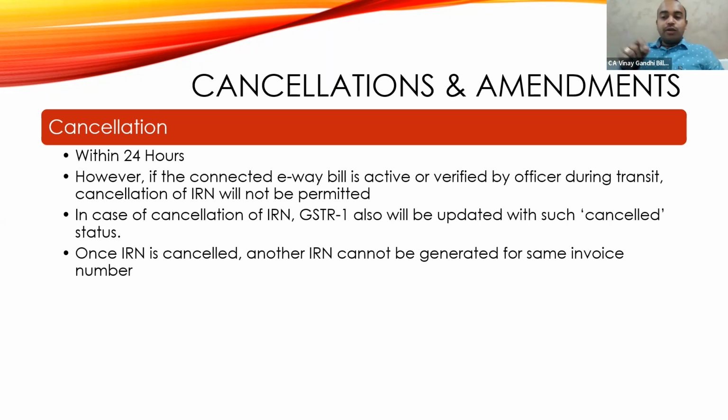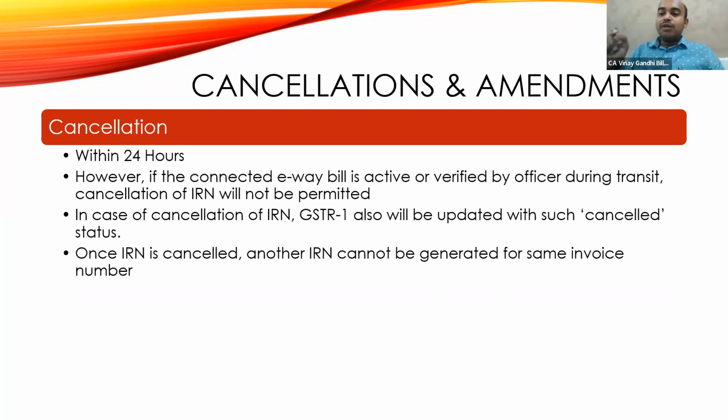And this I've already said in the first slide itself, that for one invoice number, only one IRN can be generated. So if my invoice number is 1001 on 1st of April, and I generate an e-invoice, and there is some clerical error, or when I am sending the goods I find there is some mistake or the GST number is wrong, whatever it is, the IRN can be cancelled if it is within 24 hours.